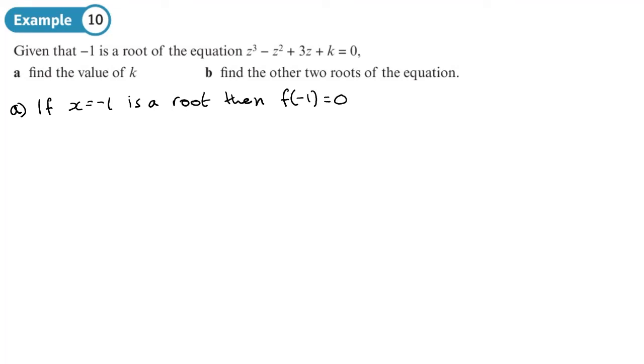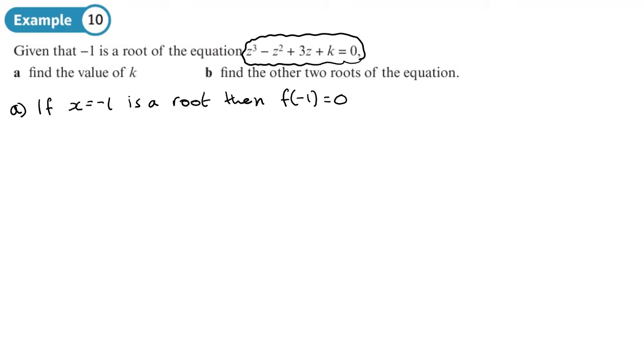In other words, if I substitute in -1, I'm expecting 0. So basically, I'm going to substitute -1 for z, because that's going to be a root.